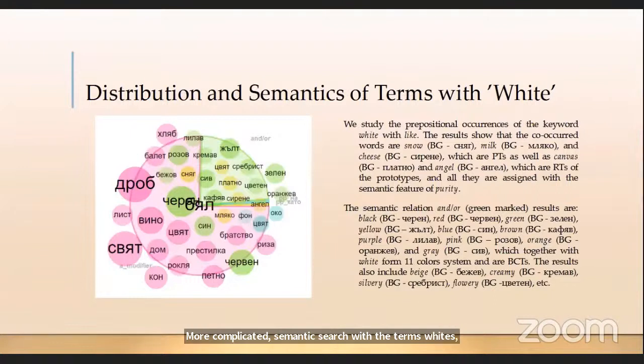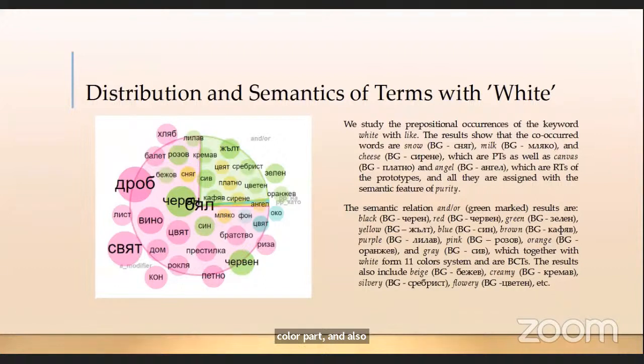We received very interesting results like snow, milk, and cheese, which are in the green part, and these are the prototype terms.